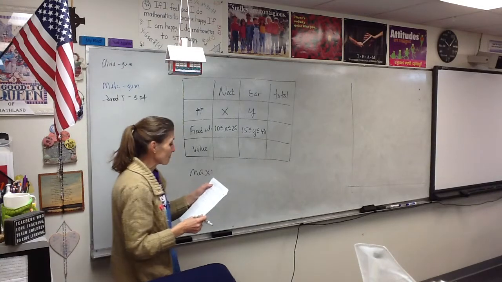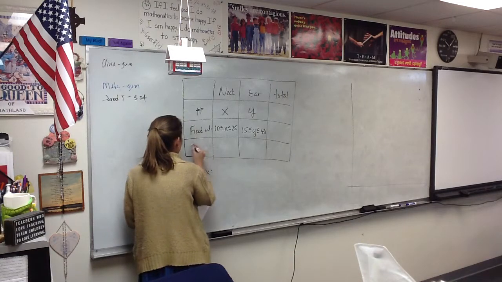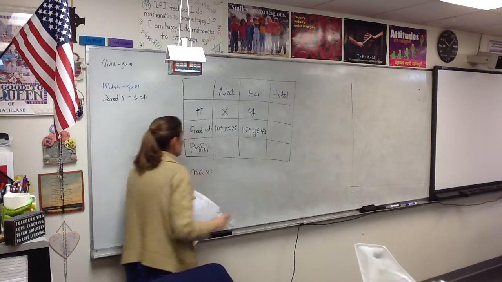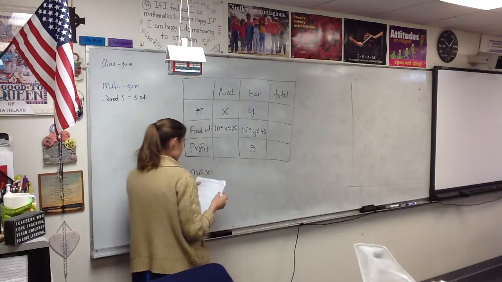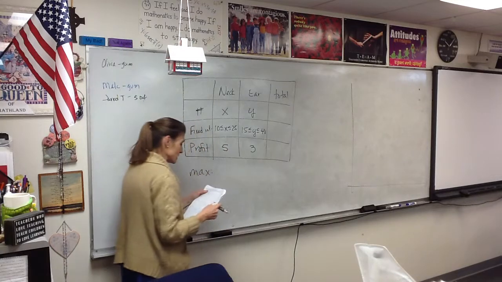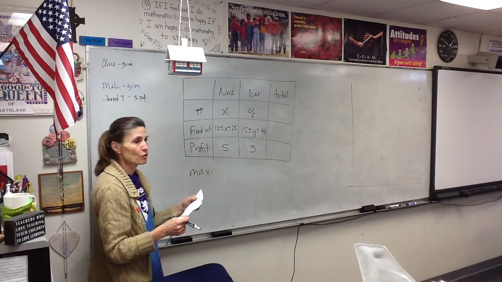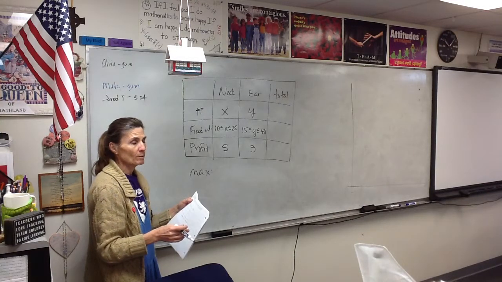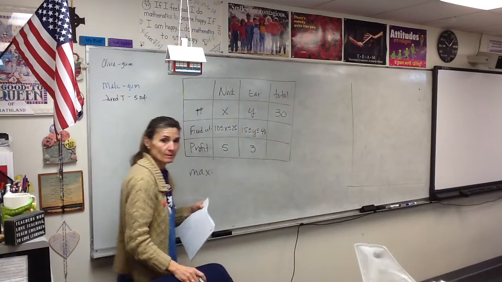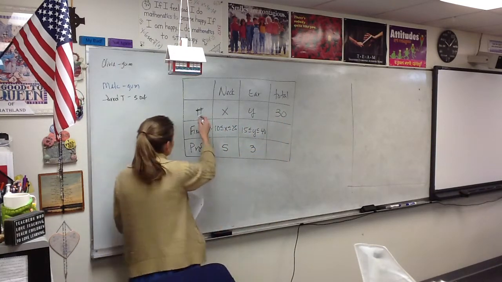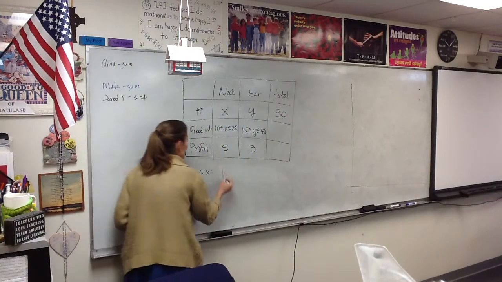If she earns profit, and I should say profit here instead of value, if she can earn a profit of $3 on each pair of earrings and $5 on each necklace, and she plans to sell at least 30 pieces of jewelry. Where do I put the 30? In the total. That's the total number that she's going to make, right? The total number, 30. How can she maximize profit?